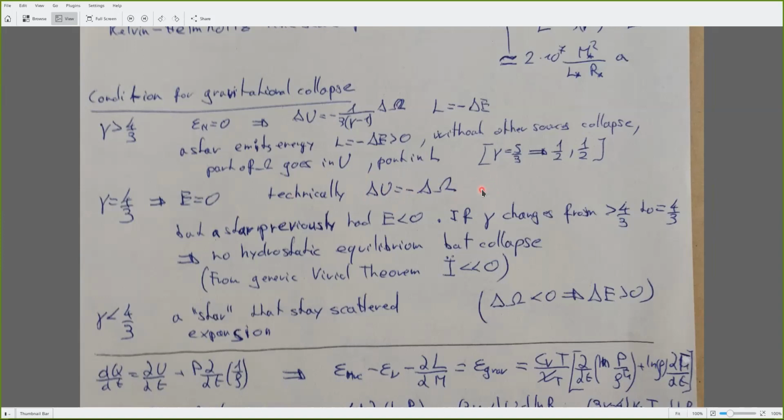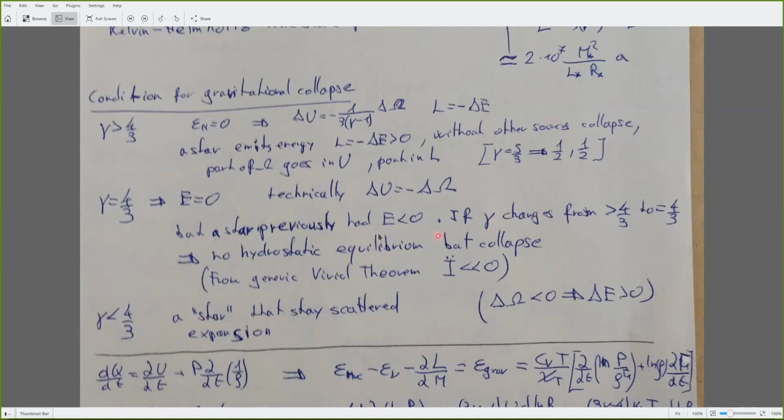But the star must have energy less than 0, because energy less than 0 means it is gravitationally bound. You need the star to have energy less than 0 to be a star, otherwise it cannot be bound. We'll see, maybe not today, another case that can happen when the star suddenly has too much energy and goes to energy greater than 0.